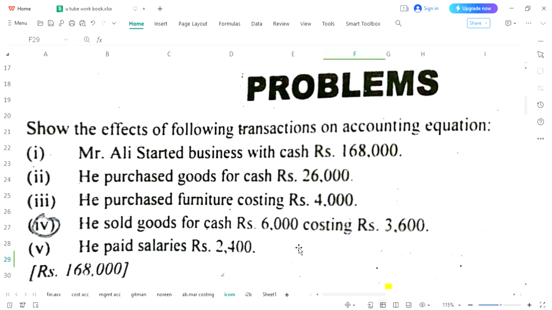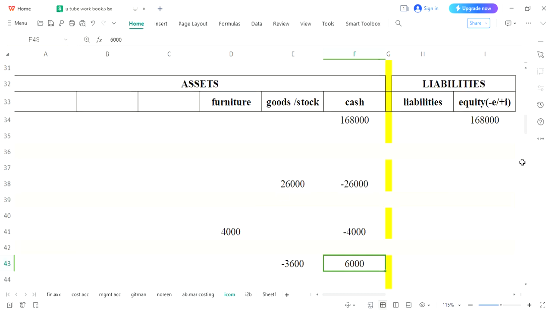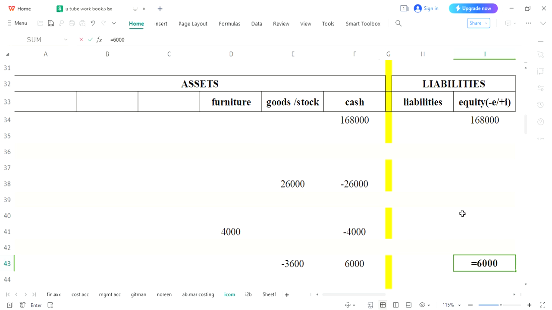It means you have sold it at a profit. You have earned profit. How much profit have you earned? The difference of these two. And I have told you that income would be added in equity. So you will come over here. Now listen, 6,000 cash received while cost was only 3,600. So it means 2,400 is your profit and income, and this income would be added in equity.